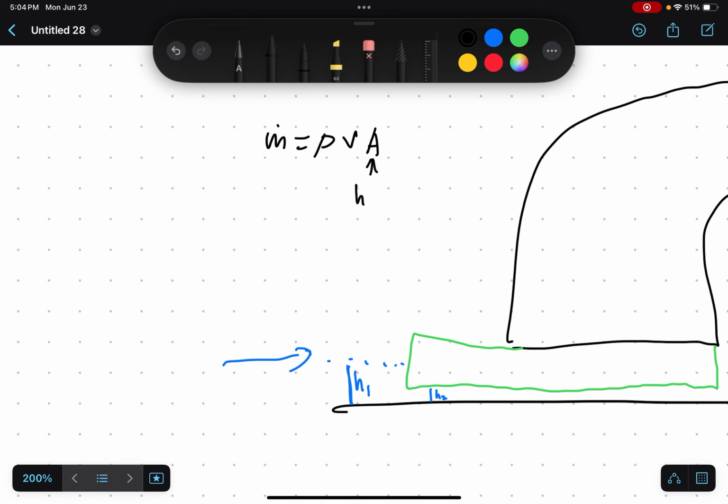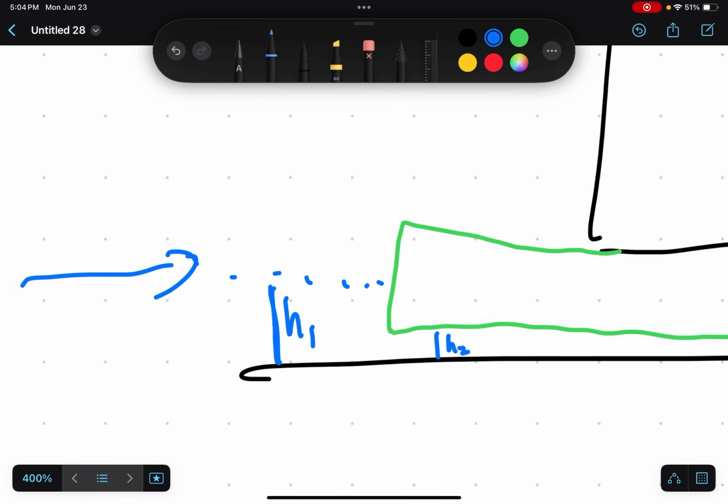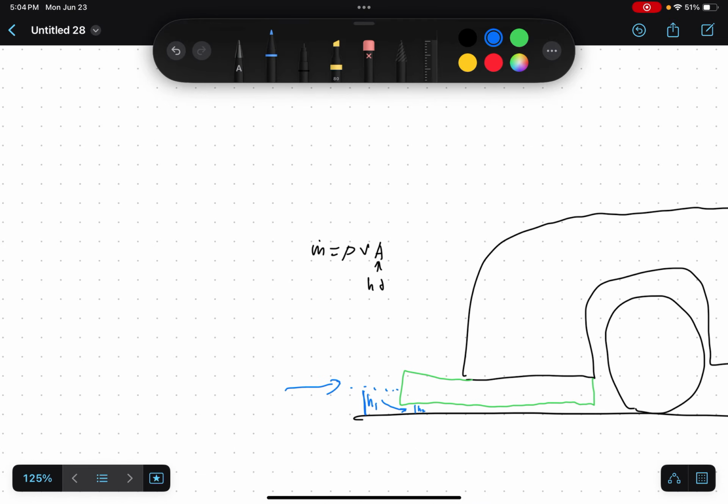This is h, and I'll call this depth. So height times depth is cross-sectional area. So if you're ramming all of this air from H1 down into H2, in order to keep the mass flow rate the same, density is not going to change. So velocity would have to increase.